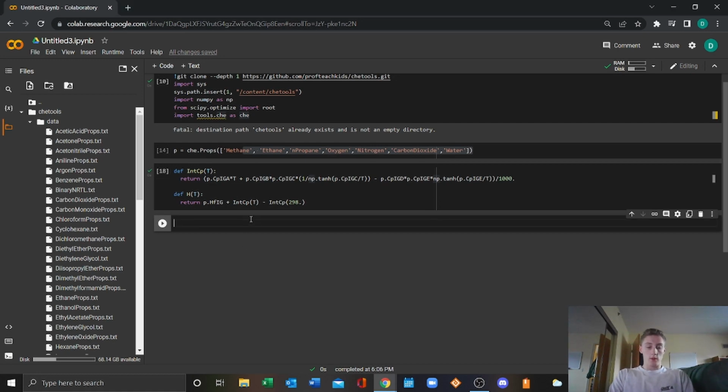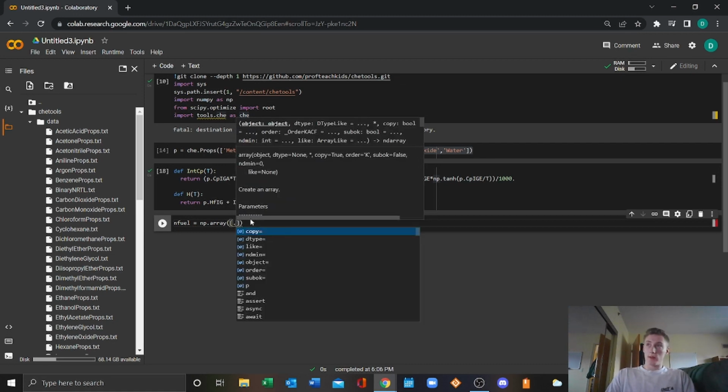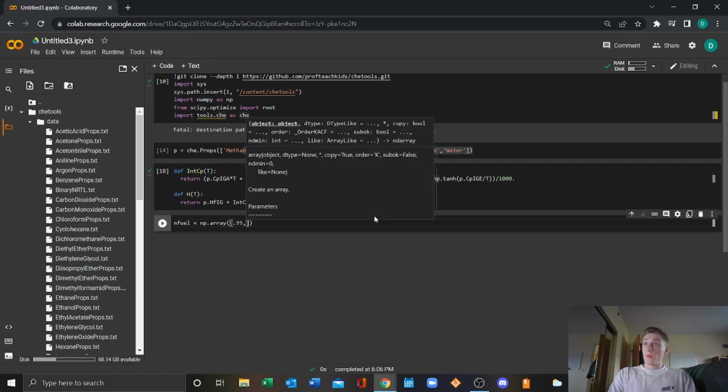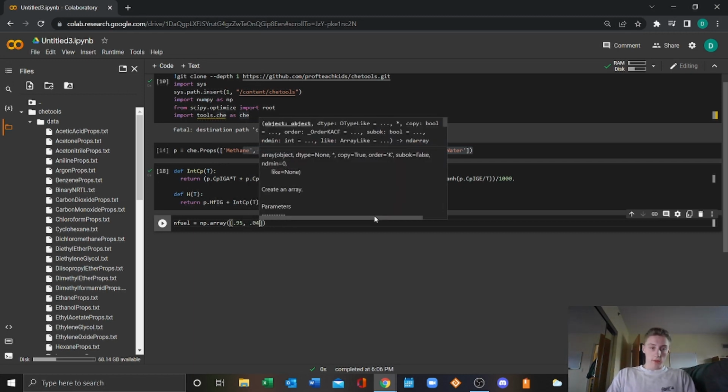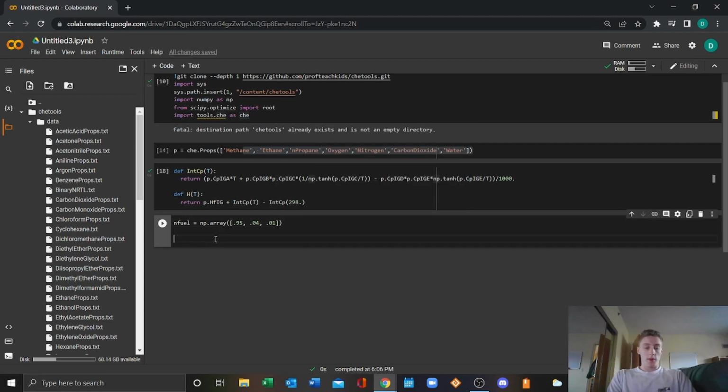So what we'll do is N fuel equals np array, and what we have is, let me pull it up, 0.95, then 0.4 and then 0.1. So that's methane, ethane, and propane. Then we need another array with the amount of carbons and hydrogens. So we'll do fuel CH.